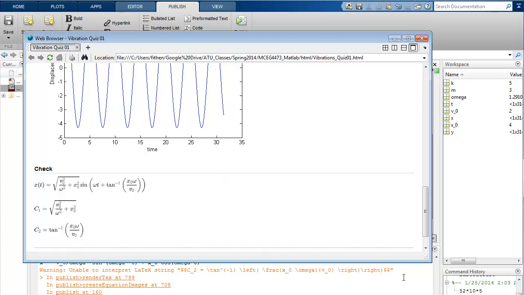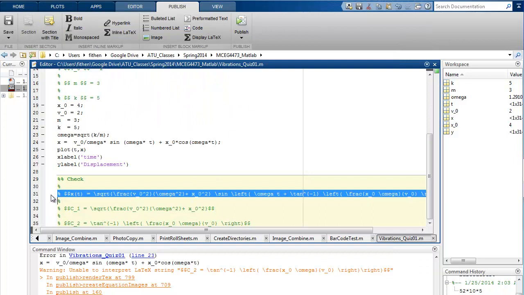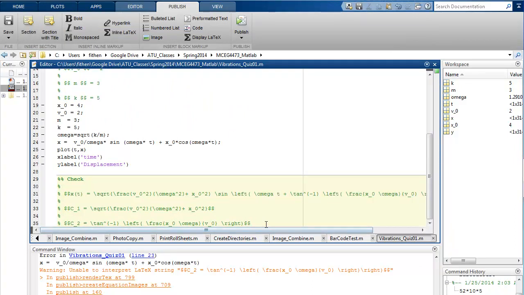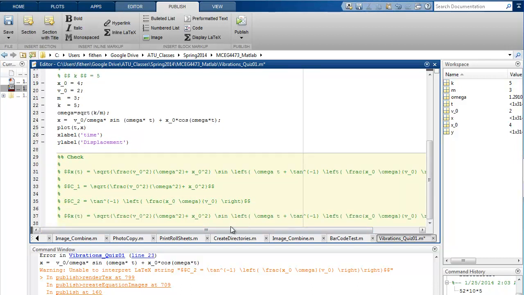Essentially, I'm going to find a C1 and a C2, and then I'm going to put in here a term that looks a lot like, or that actually is, this term. Instead of this, I have C sub 1, and instead of all this mess, I have a C2.